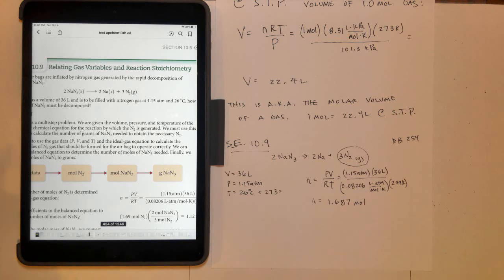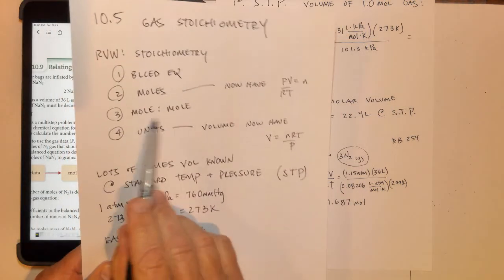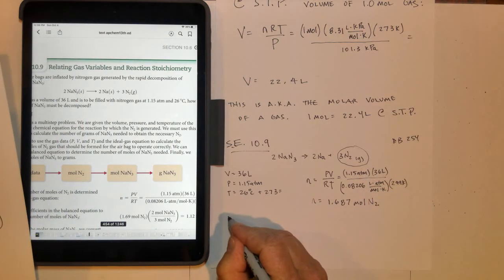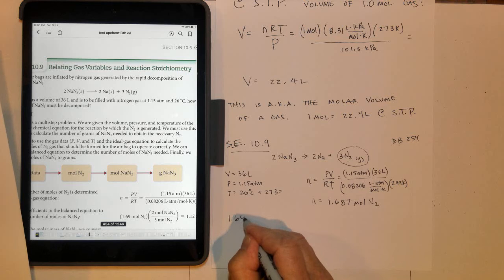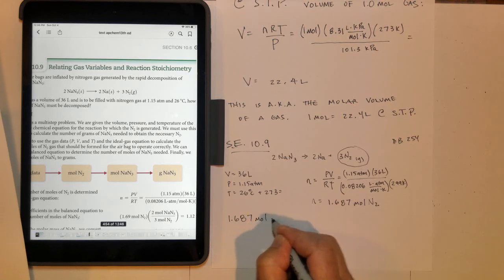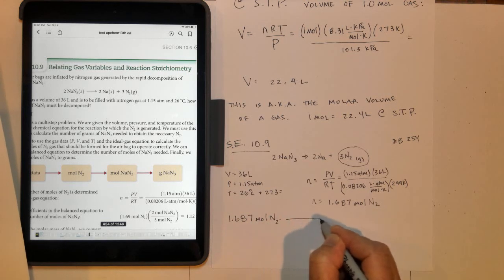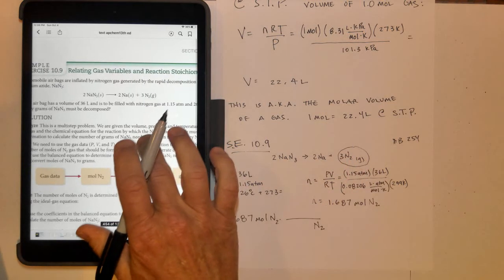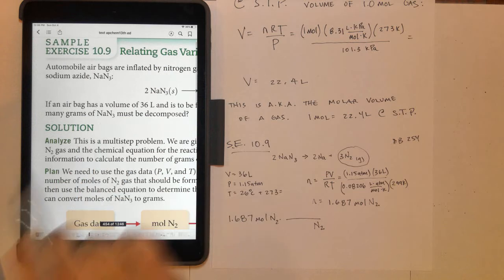So now we're on to step 3, a mole to mole ratio. This is my moles of nitrogen gas, so I'm going to rewrite it over here: 1.687 moles of nitrogen gas, multiply sign, put a line, put nitrogen gas in a position where it's going to cancel, and they want to know the grams of sodium azide.